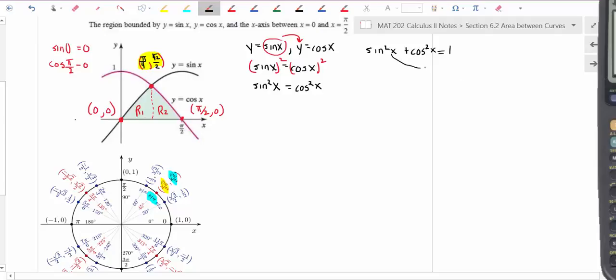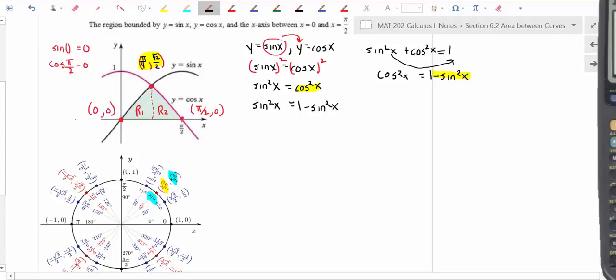What I'm going to do is move the sine over here to get cosine squared x equals 1 minus sine squared x. Then I'm going to replace this cosine with what it's equal to. That way we have one trigonometric function in our equation. So moving on, I've got sine squared x equals 1 minus sine squared x. Now I'm going to solve that equation.